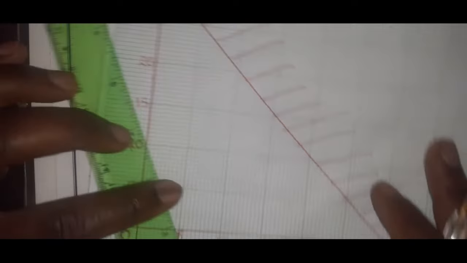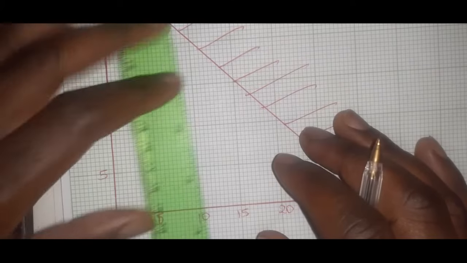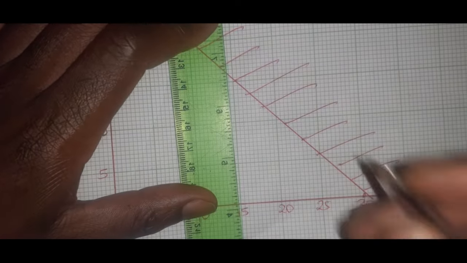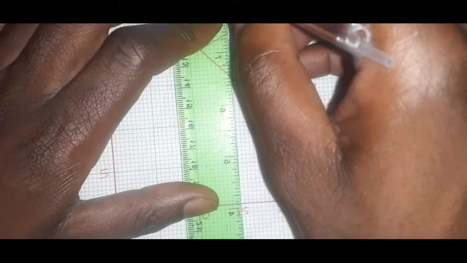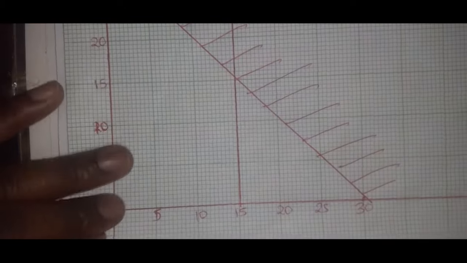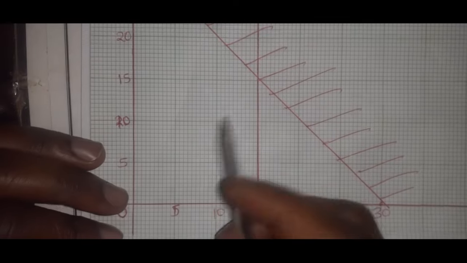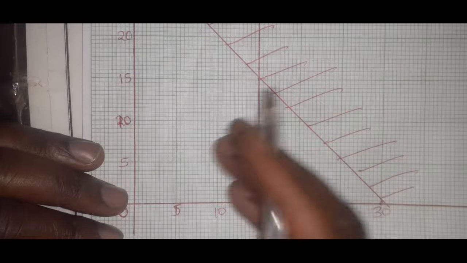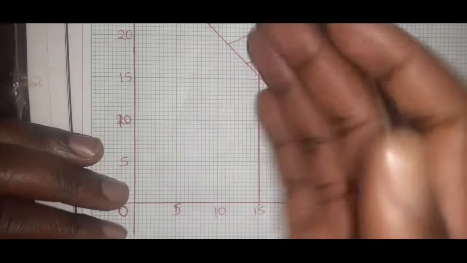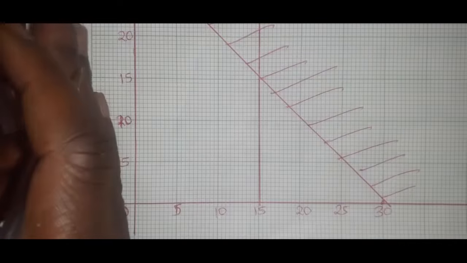So just come here where we have 15 on the x-axis, and then we draw a straight line like this. And when you follow it again, we are dealing with less. x is less than or equal to 15.